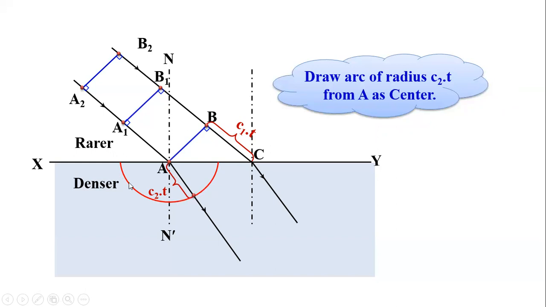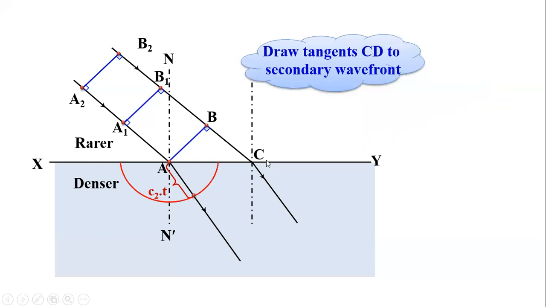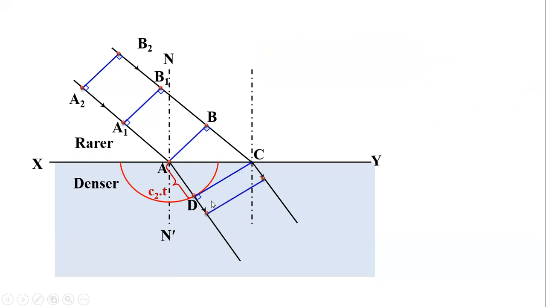So all the points on this circumference and this point C are in the same phase. So let us draw a tangent CD to this wavefront. I say point D and point C are in phase, and all the points on DC are in the same phase. Here AB is the incident wavefront and DC is the refracted wavefront, and it propagates into the medium, and so on.